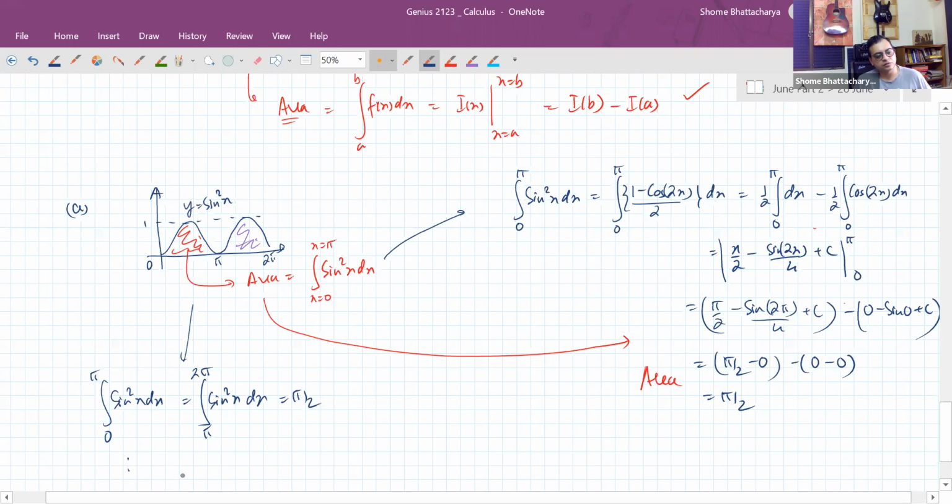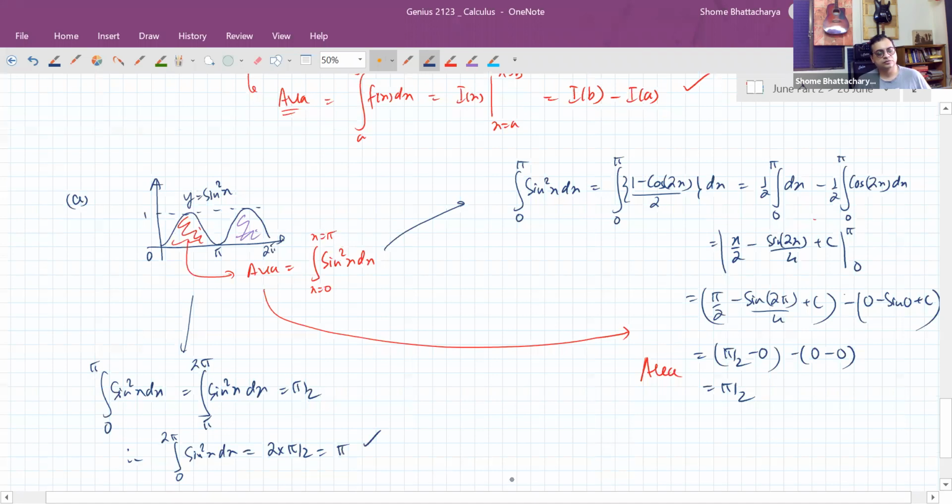Therefore, 0 to 2 pi just becomes double of this, which should be pi. And that is what we'll get when we do the integration, I mean, when we put the limits again.